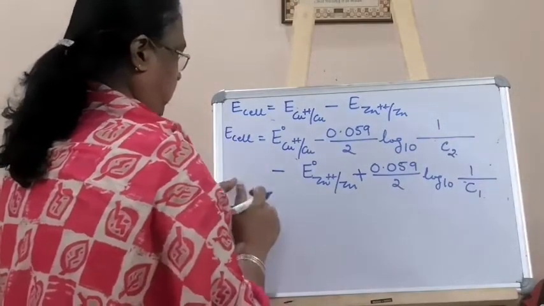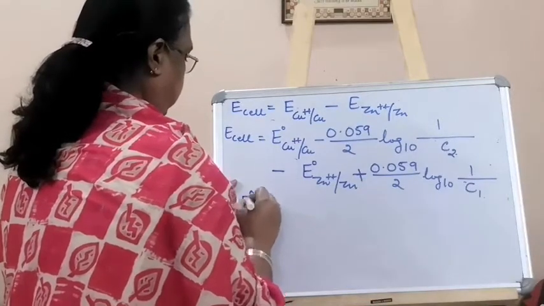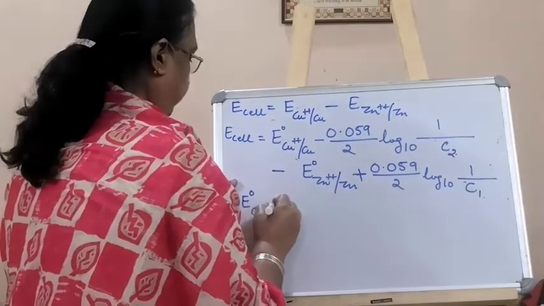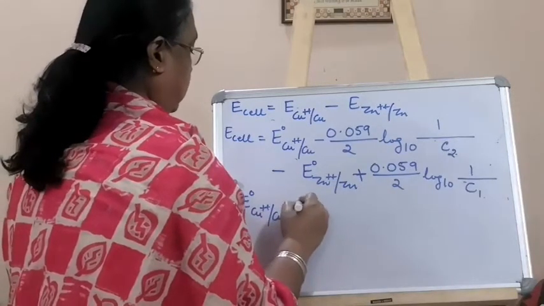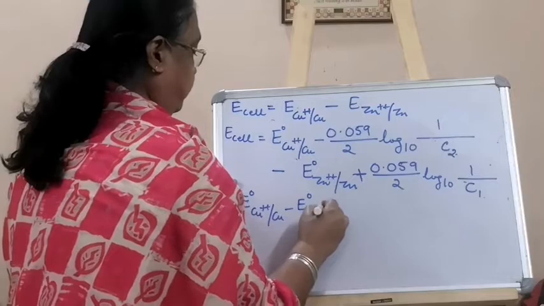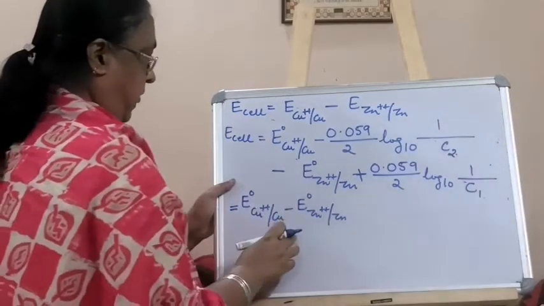So this is equal to E0 copper ion over copper minus E0 zinc ion over zinc, this minus this.